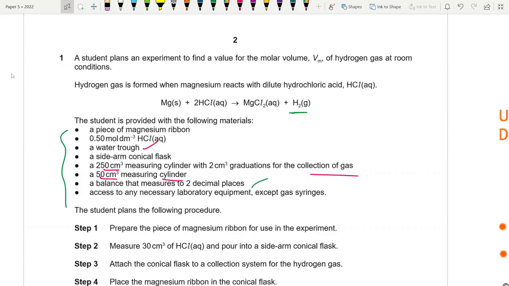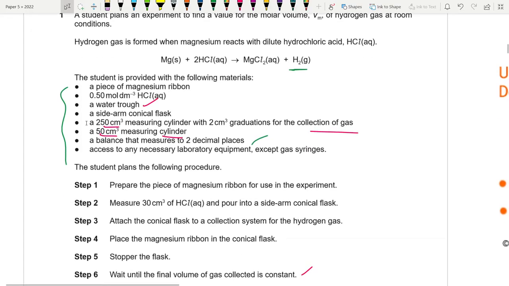So the student is provided with the following materials. We have a piece of magnesium ribbon, 0.50 mole per dm cube HCl, a water trough, a side arm conical flask, a 250 cm cube measuring cylinder with 2 cm cube graduations for the collection of gas, a 50 cm cube measuring cylinder, a balance that measures to 2 dp, and access to any necessary laboratory equipment except gas syringes.